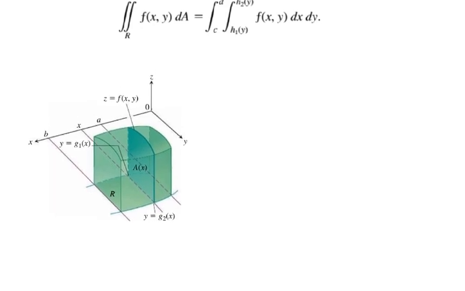So if we look at this picture here, this represents our first situation where A and B are straight lines, constant lines, extruding off of the x-axis parallel to the y-axis.